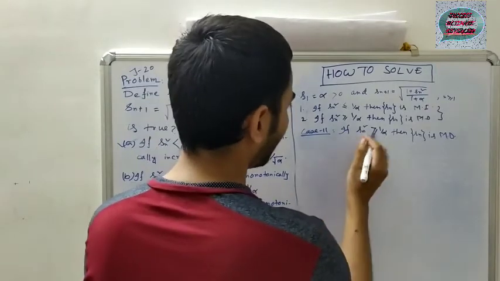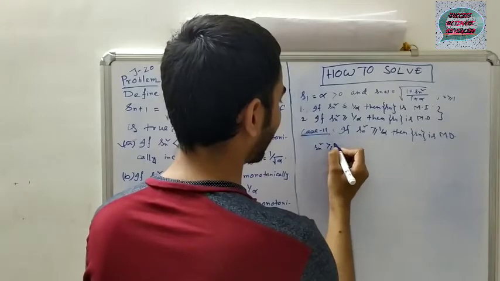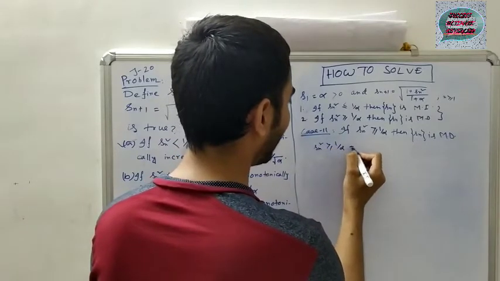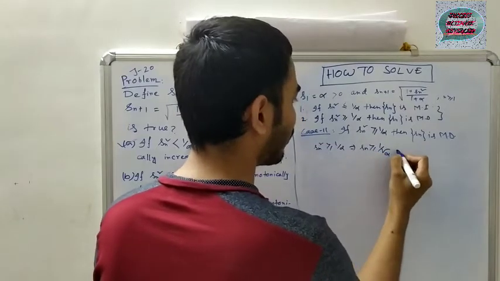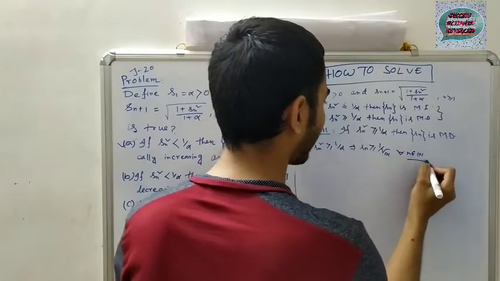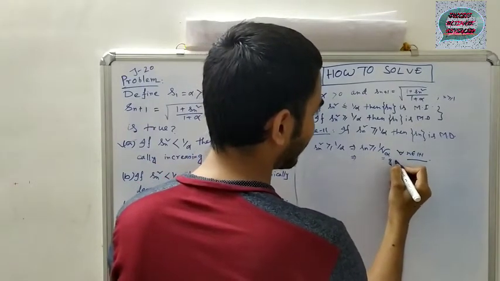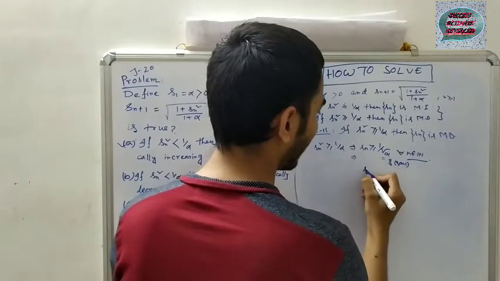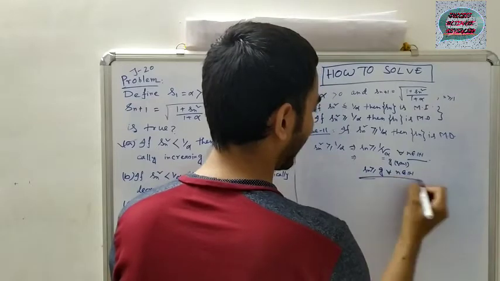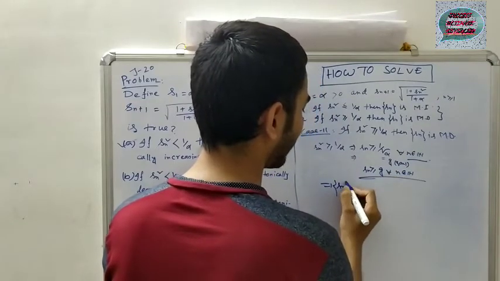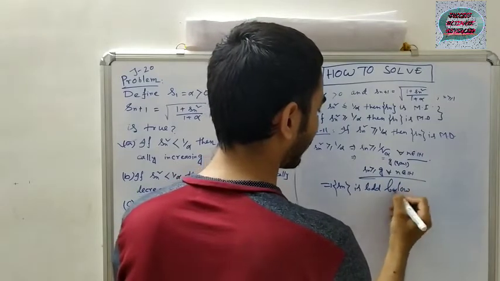Since Sn square is greater or equal to 1 by alpha, that means Sn is greater or equal to 1 by root of alpha for all n belongs to N. That equals g, say. So Sn is greater or equal to g for all n belongs to N. That means Sn is bounded below.